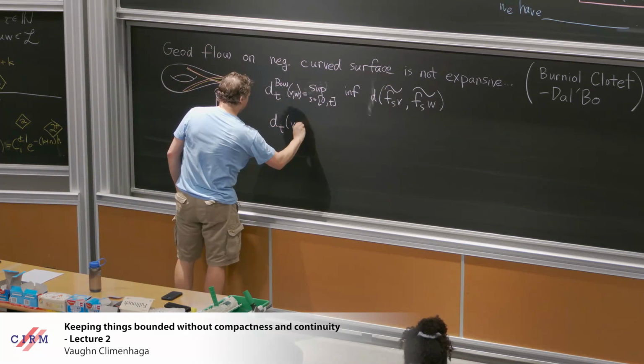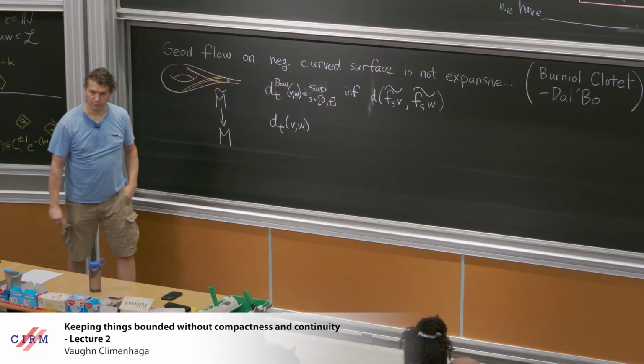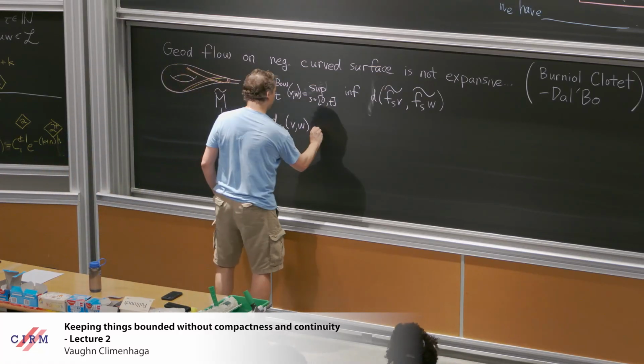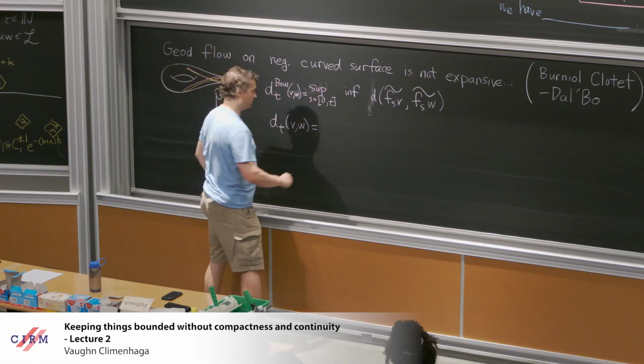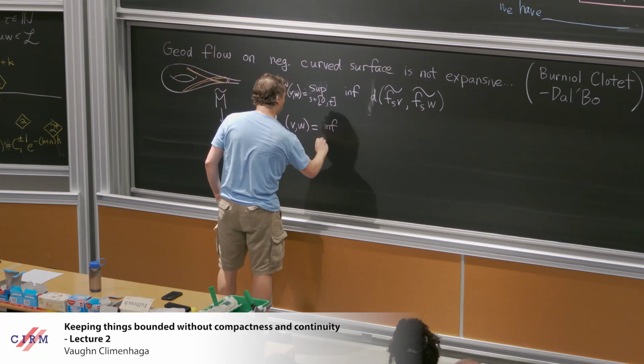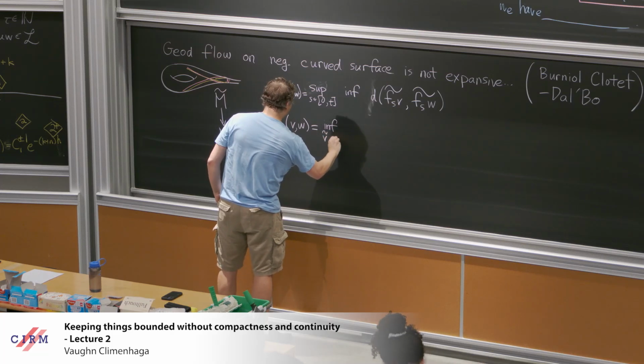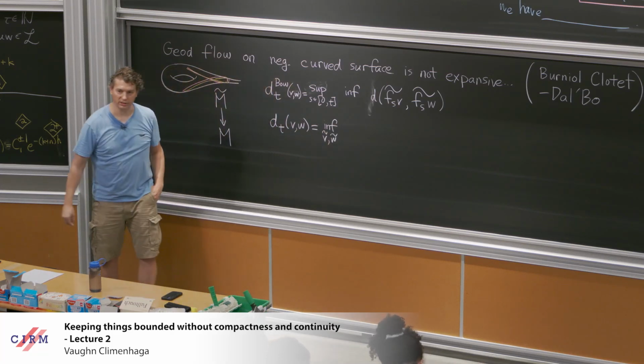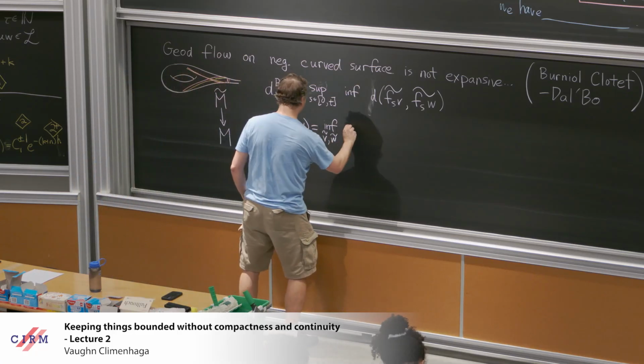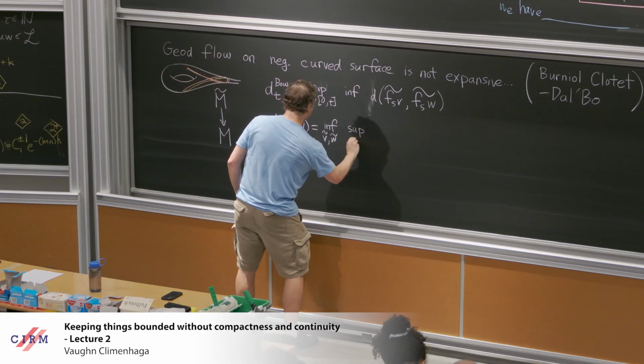What we do in the paper to deal with this example is we use a different definition of distance in which these two things are reversed. So we take an infimum over all lifts of v tilde and w tilde of the supremum.